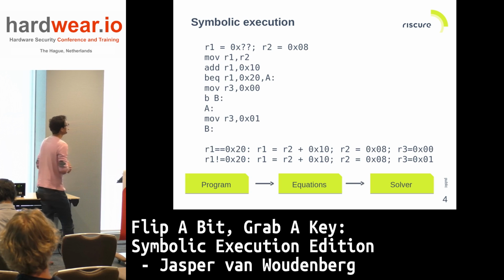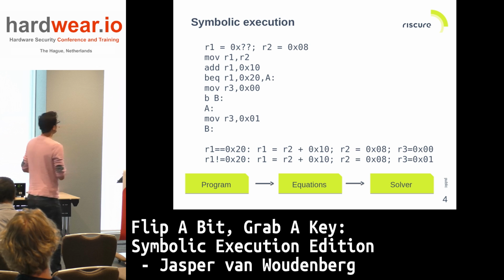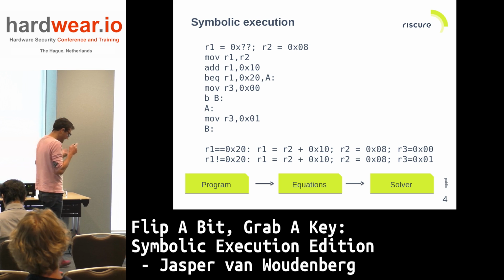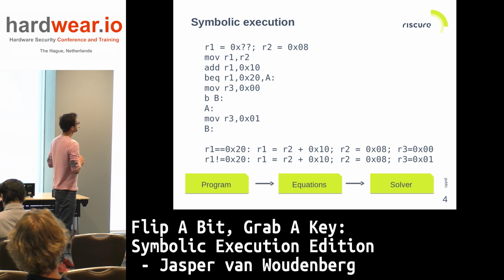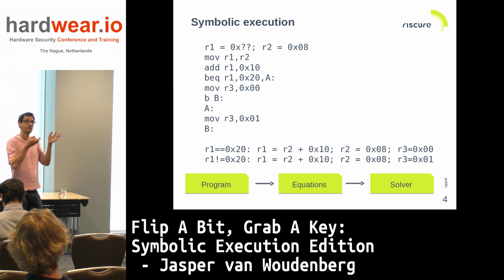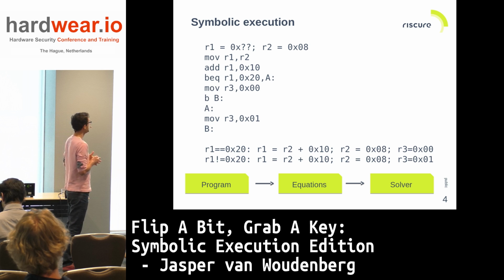I'm going to make it a little bit more complicated, and obviously I made the same mistake here. But I'm going to introduce one complication of symbolic execution, which is that it will not turn your program into one equation. It can actually turn it into many equations, depending on some conditions.